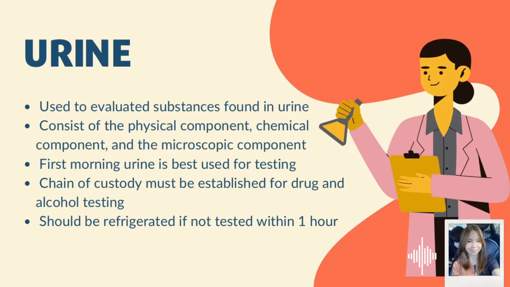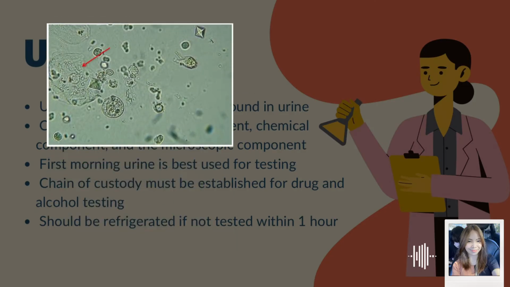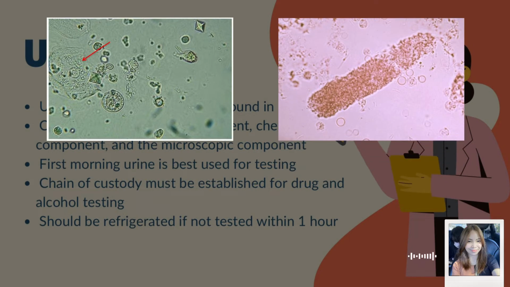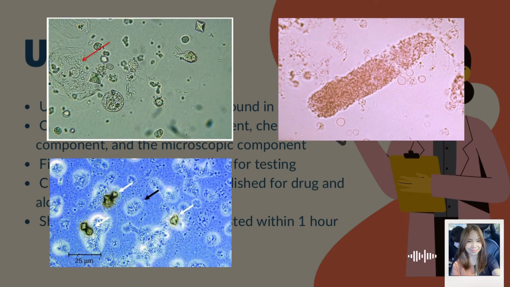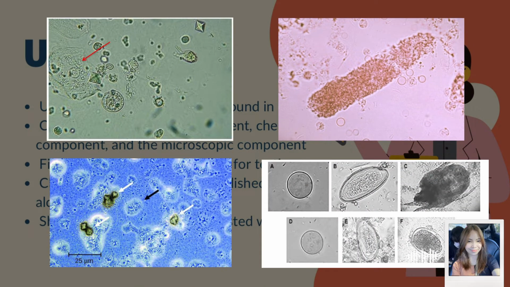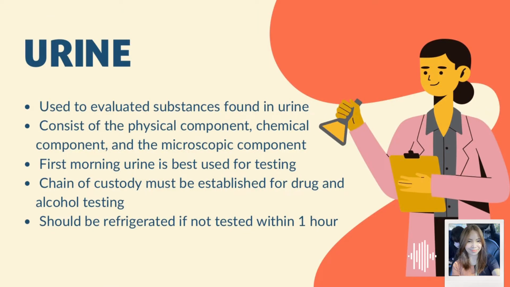We also check the presence of epithelial cells, urinary casts, bacteria, or any parasites that can be found in the urine sediments. For urinalysis of urine, we prefer the first morning urine specimen, and chain of custody must be established, this time for drug and alcohol testing.